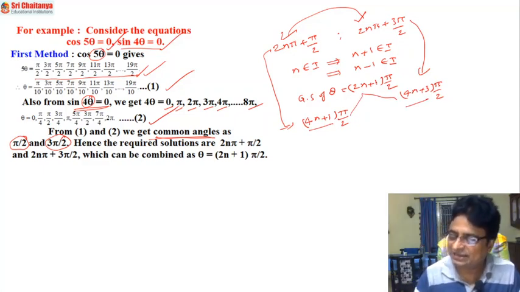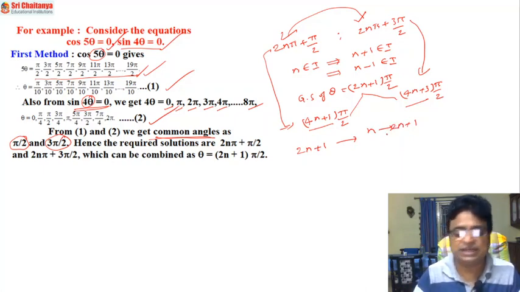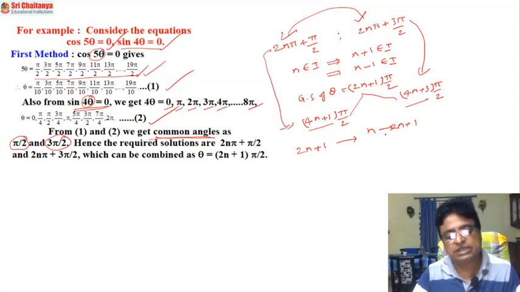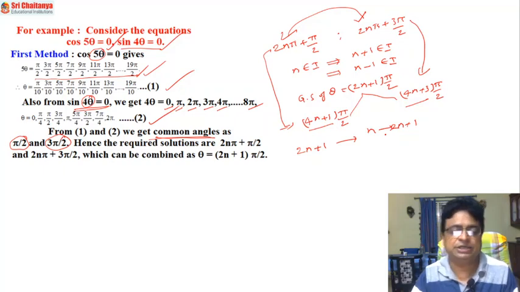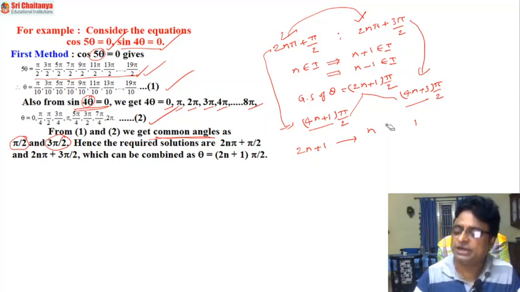Just like the above explanation, in 2n plus 1, if you replace n with n plus 1, what will happen? Because if n is an integer, in integers there are two types: even integers and odd integers. The set of all even integers we can represent with 2n, and the set of all odd integers with 2n plus 1.